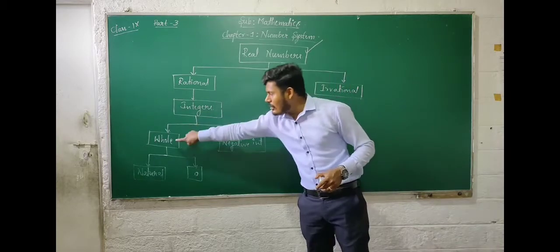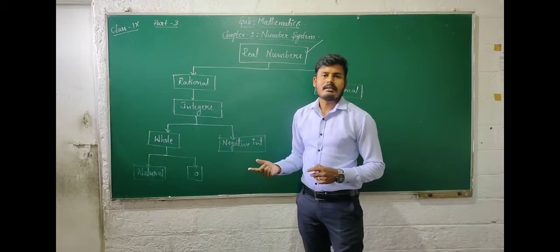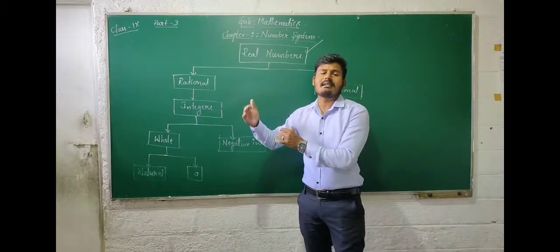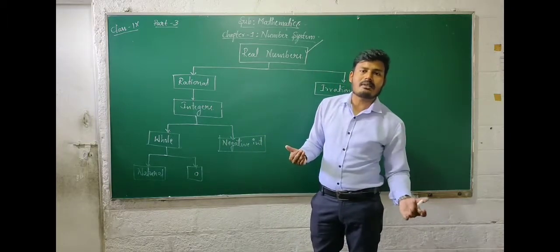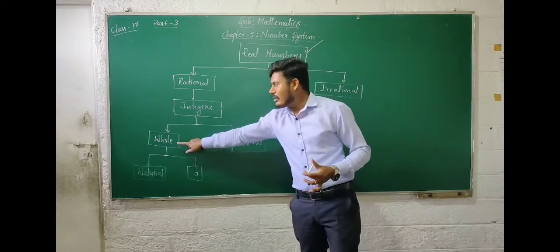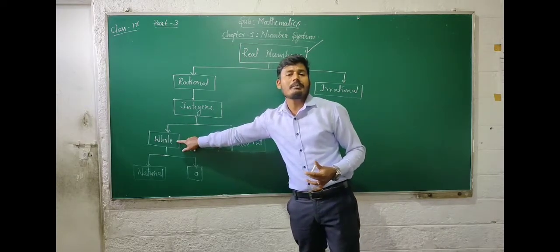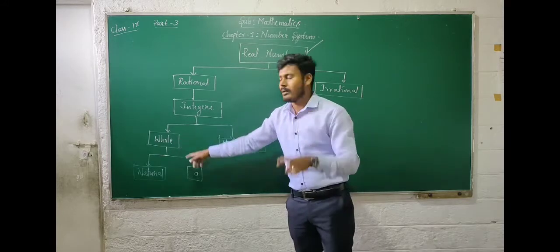An integer includes both whole numbers and negative integers. Because an integer includes negative numbers and positive natural numbers along with 0. So that's why integers include whole numbers. A whole number is the set of all positive natural numbers along with 0.